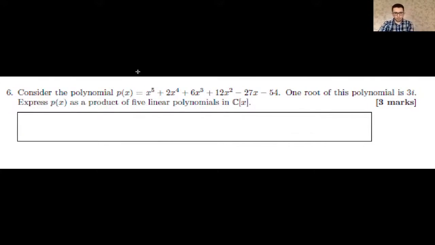The polynomial is x to the power of 5, 2x^4. One root of this polynomial is 3i. Express p of x as a product of 5 linear polynomials. So essentially we just have to find the roots of this polynomial.